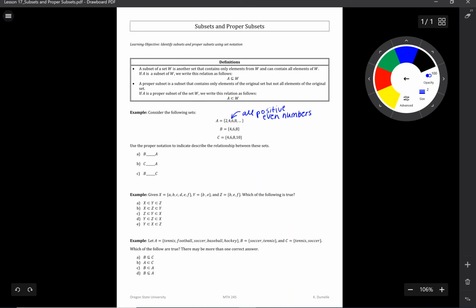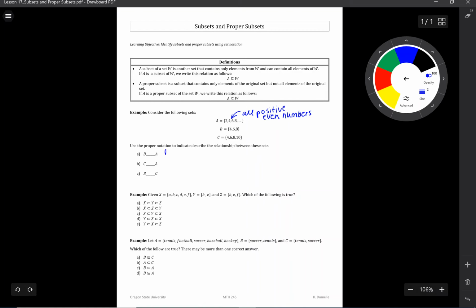B is the elements 4, 6, 8, and C is the elements 4, 6, 8, 10. And we want to use notation to indicate the relationships between these sets. So how is B related to A? Well, B contains elements from A, but it does not contain every element from A, right? It just has 3 positive even numbers.